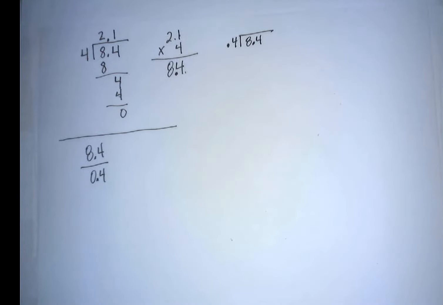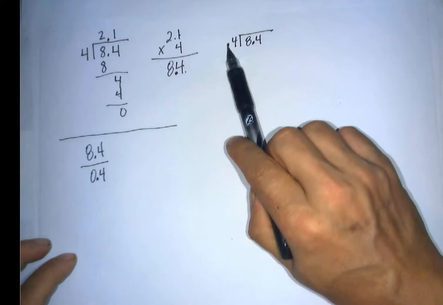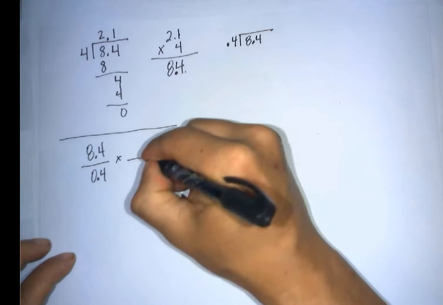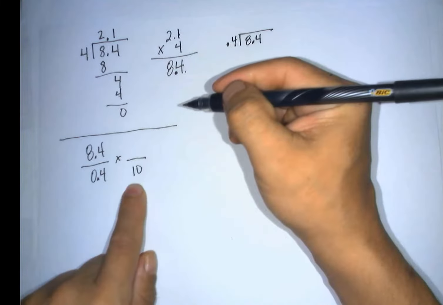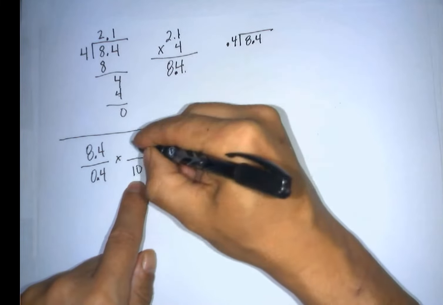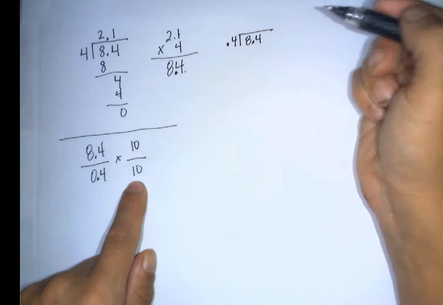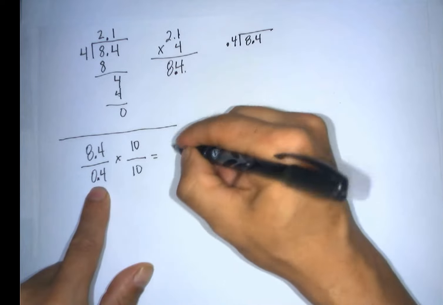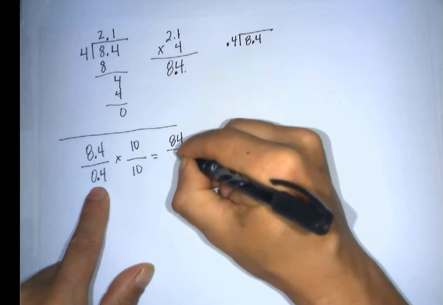What we want to do is move this decimal point here, and to do that, we just multiply by 10. But if we want to do that to the denominator, we have to do it to the numerator too. Okay, so this is multiplying by 1. What this does is it makes it 84 divided by 4.